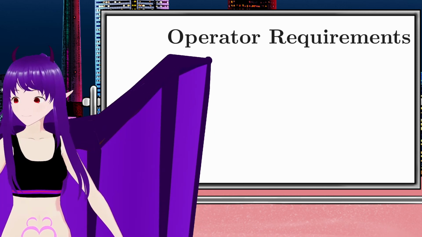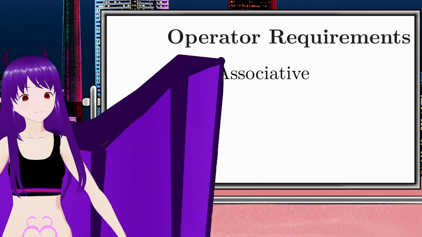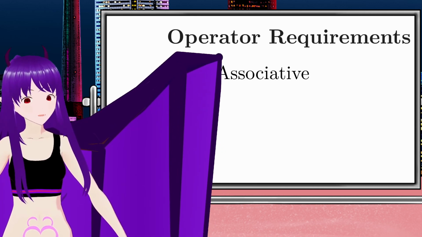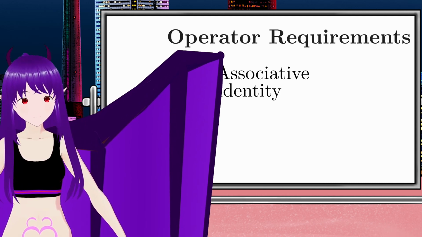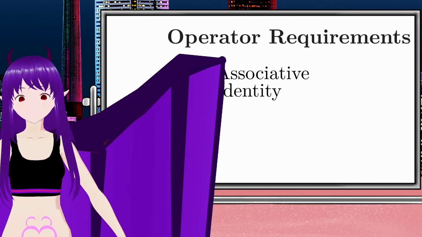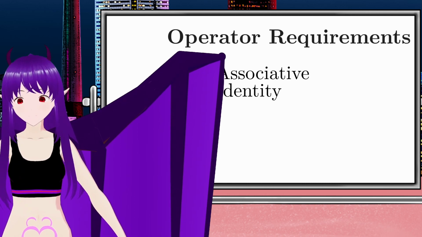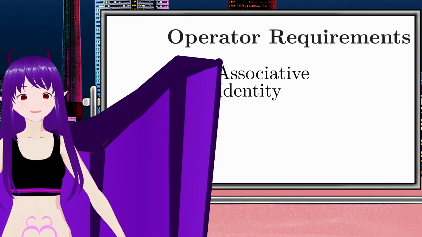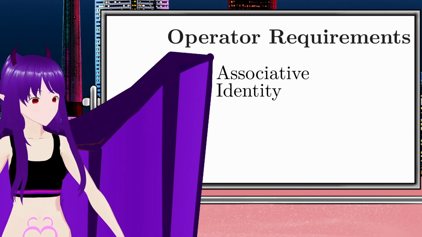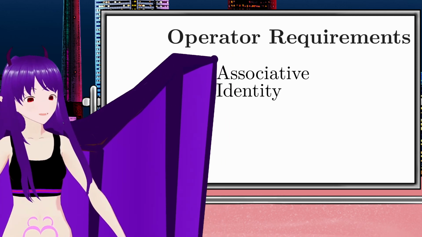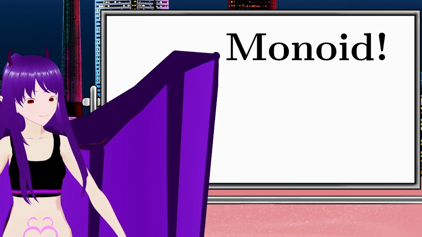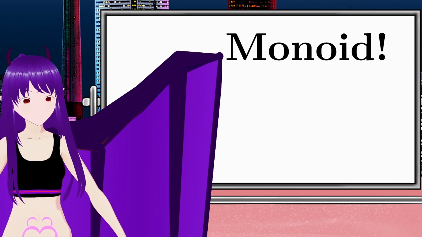In other words, the operator has to be associative. The other thing we require is an identity value. That is, a value where the operator does nothing. This is so that we can have a way of clearly eliminating unused records. So, we need an associative operator with an identity value. That's right, we need a monoid.